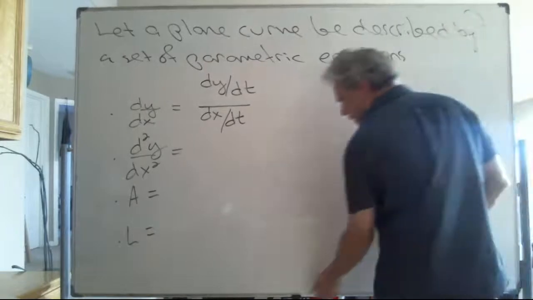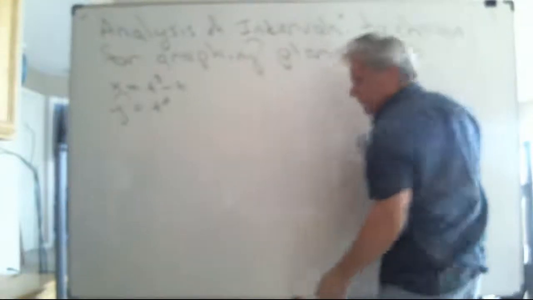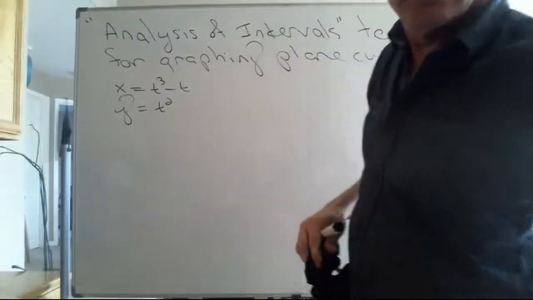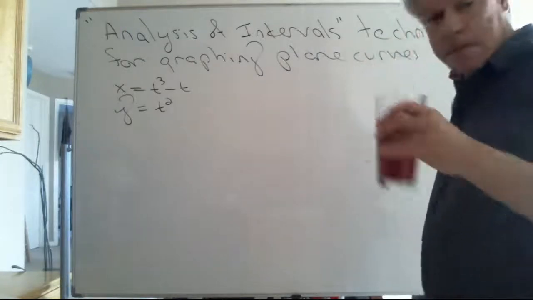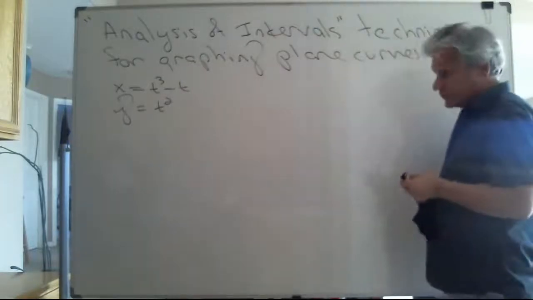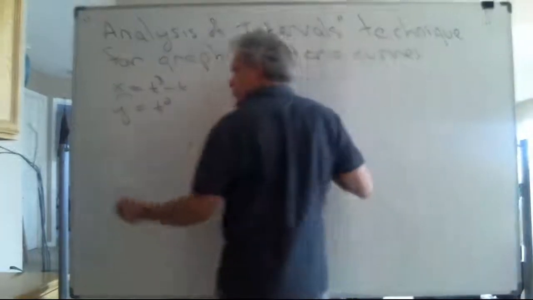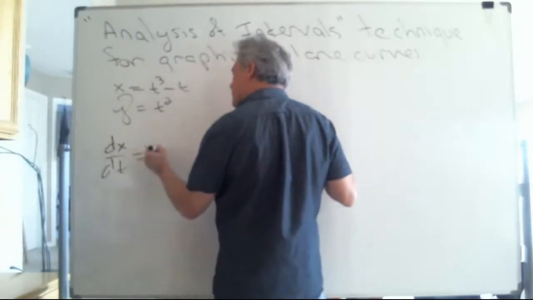And to put this to practice, I want to sketch a plane curve using what I refer to as my analysis of intervals technique. So here's my approach. Notice that dx/dt is equal to this.